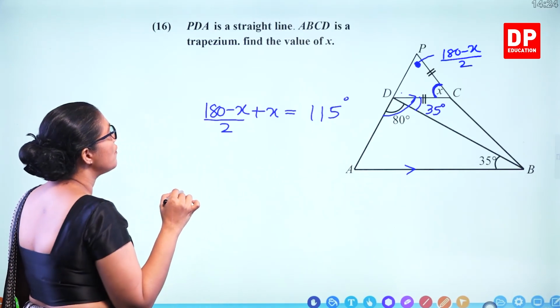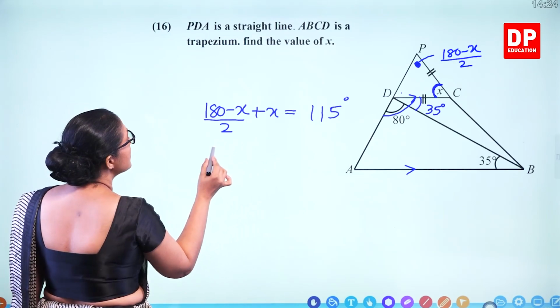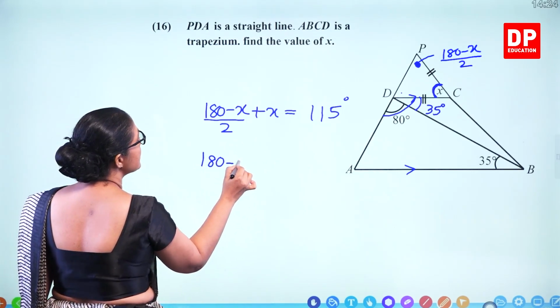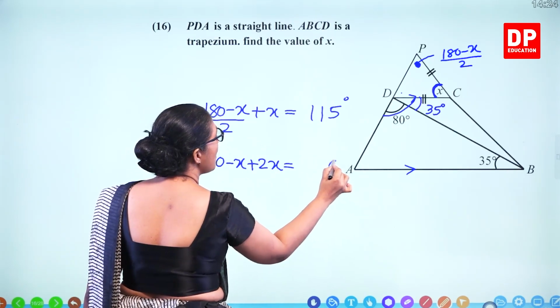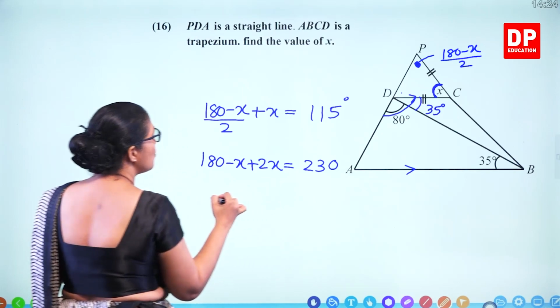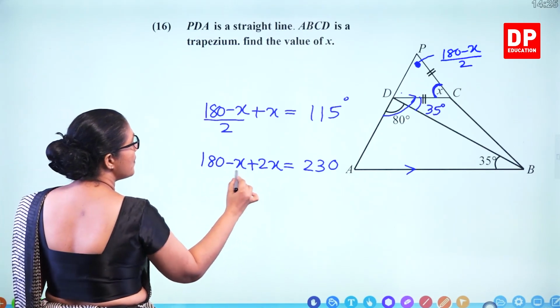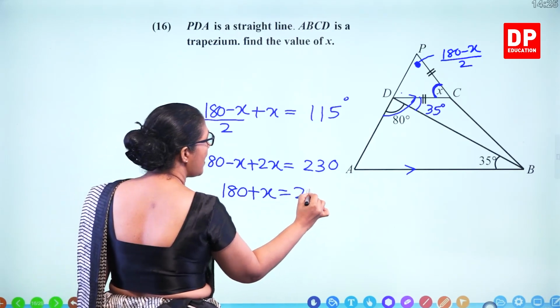So we'll try to solve this. Multiply everything by 2. You get 180 minus x plus 2x is equal to 230. Here 180 plus x equals 230.